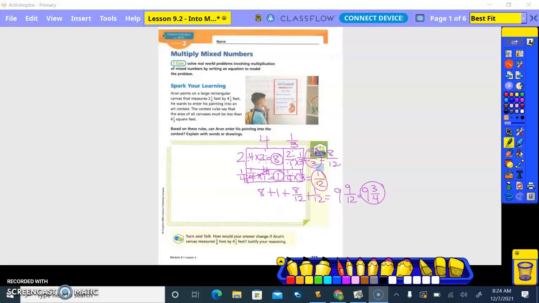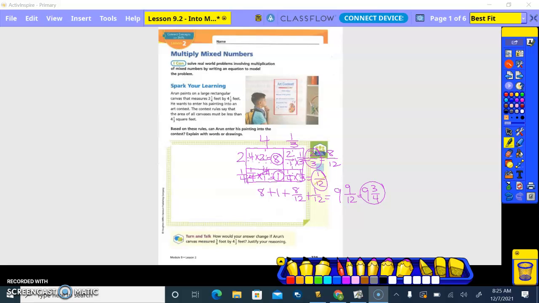And you can't really see it on my picture, but how big can the area be? Only 4 1/3. It has to be less than 4 1/3. So would his canvas work?